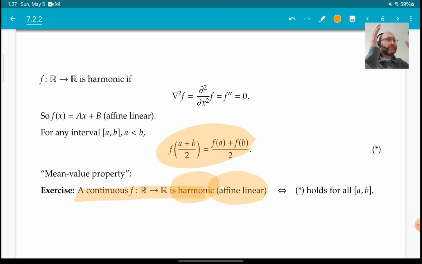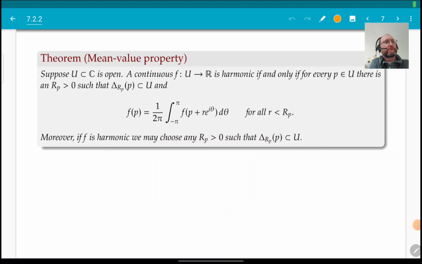So we want the same thing for harmonic functions in the plane. So let's look in the plane. Here is the plane version of this. Of course, in the plane, there are a lot more harmonic functions than just affine linear, and we really have to replace the interval with the analog in the plane, which is a disk.